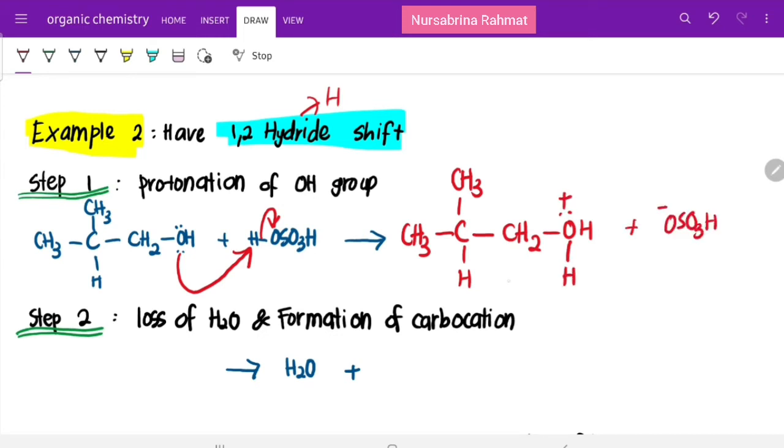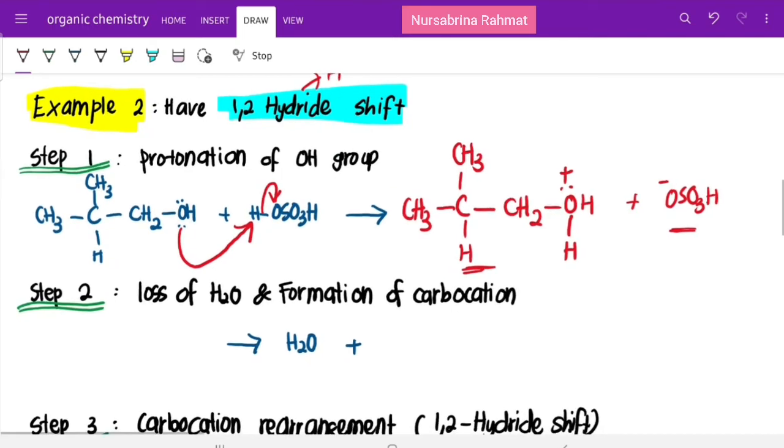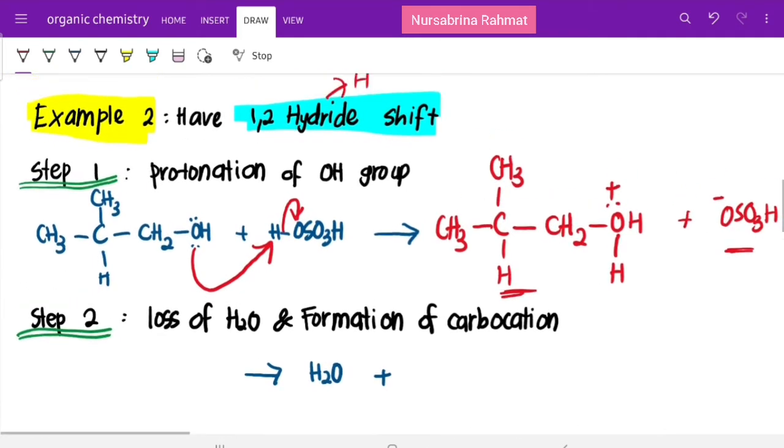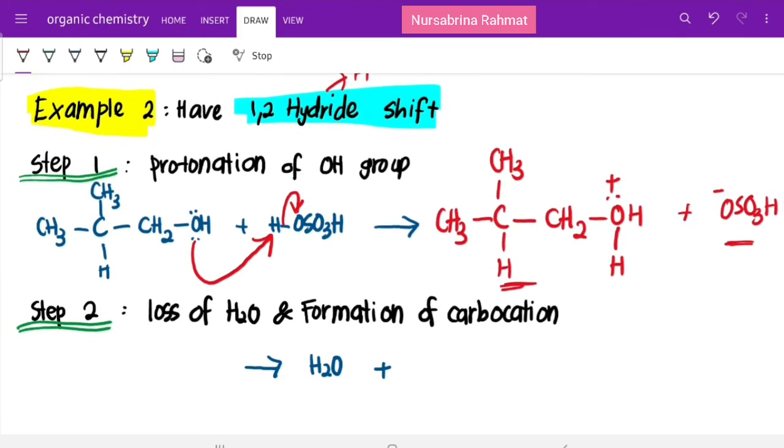Here is our protonated alcohol with a nucleophile. From the protonated alcohol, we're going to lose water to produce a carbocation. Let's rewrite your protonated alcohol.